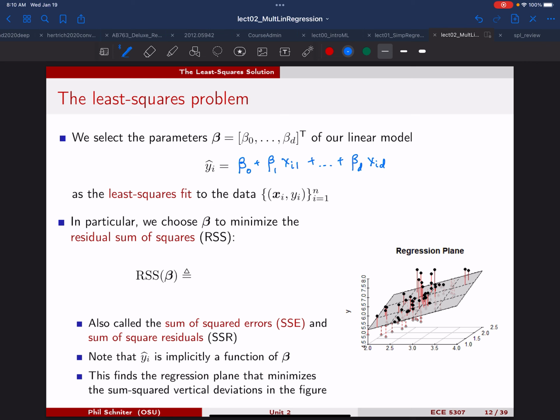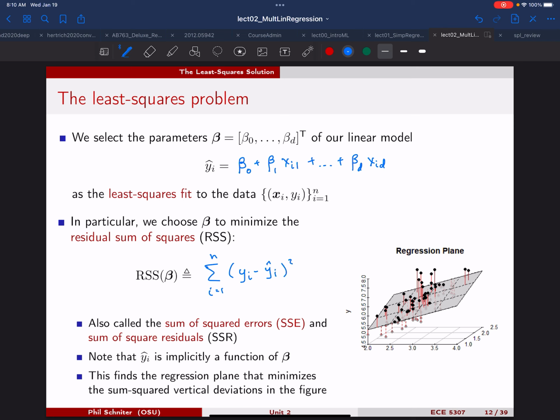So this is how I get my prediction of the ith target. And I want these predictions to be as close as possible to the data. And by close, we're going to make it close in the sum of squares sense, residual sum of squares. So we are going to define the RSS. This is the same definition from the last unit. So we have a sum over all of our examples i, of yi minus yi hat, squared.